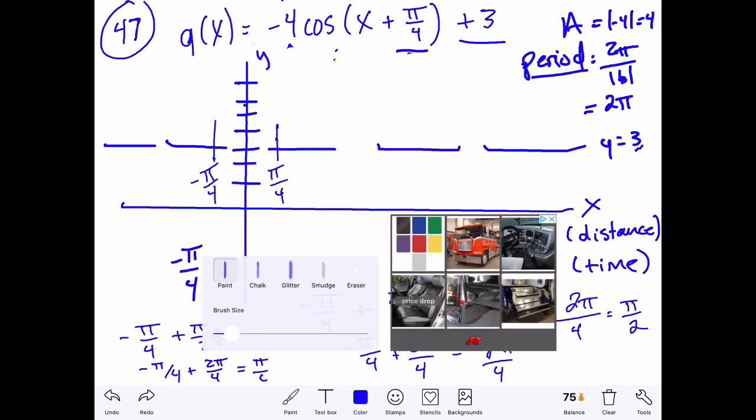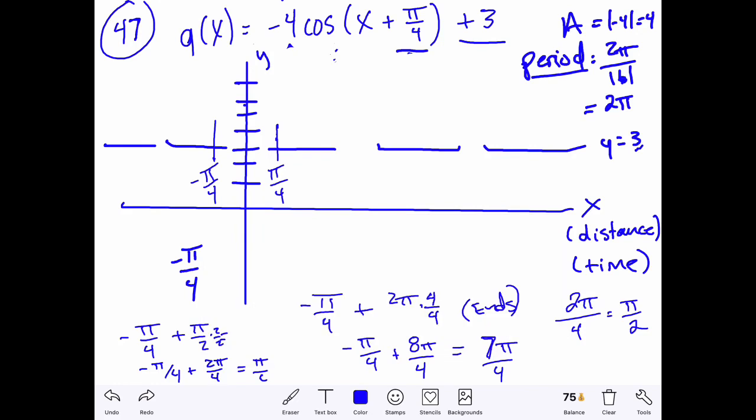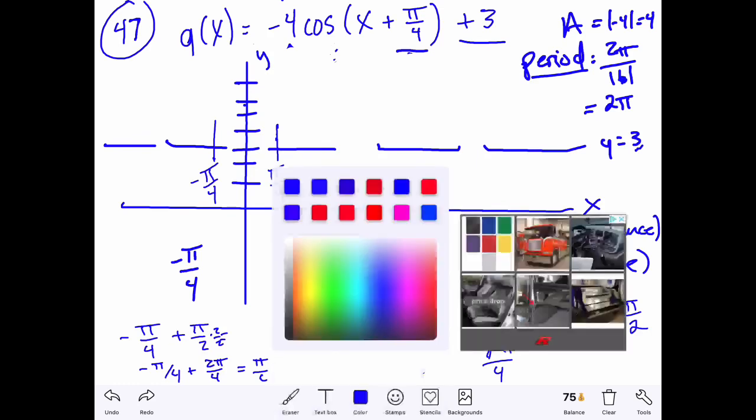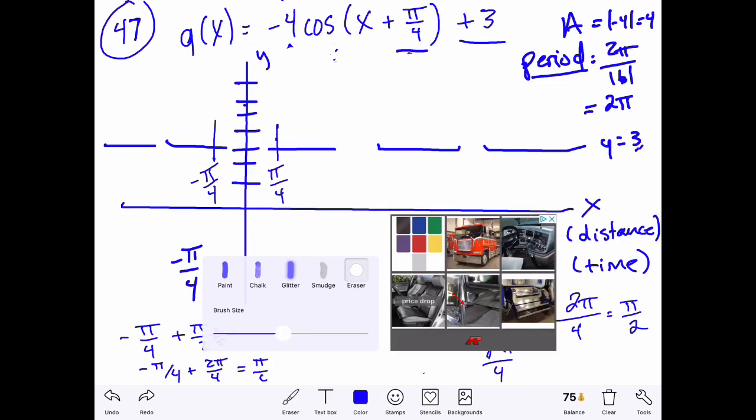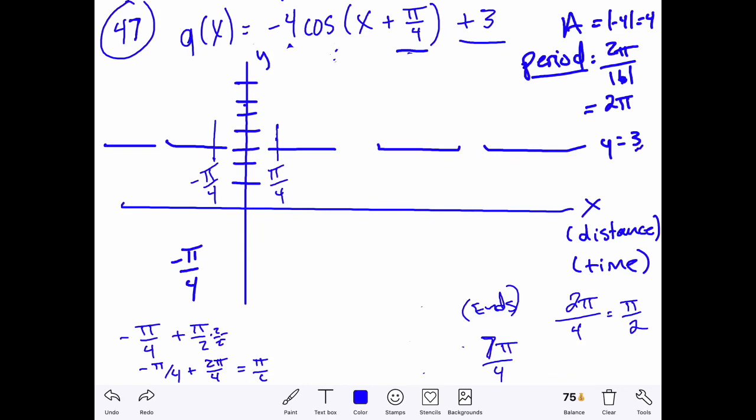Okay, let me erase. And I'm just going to keep here the idea that it ends at 7 pi fourths because I just want to do one period's worth first, and then we'll do another period's worth. Okay, and then remember when I did my period here divided in 4 parts, the amount I'm adding each time to it is pi halves.